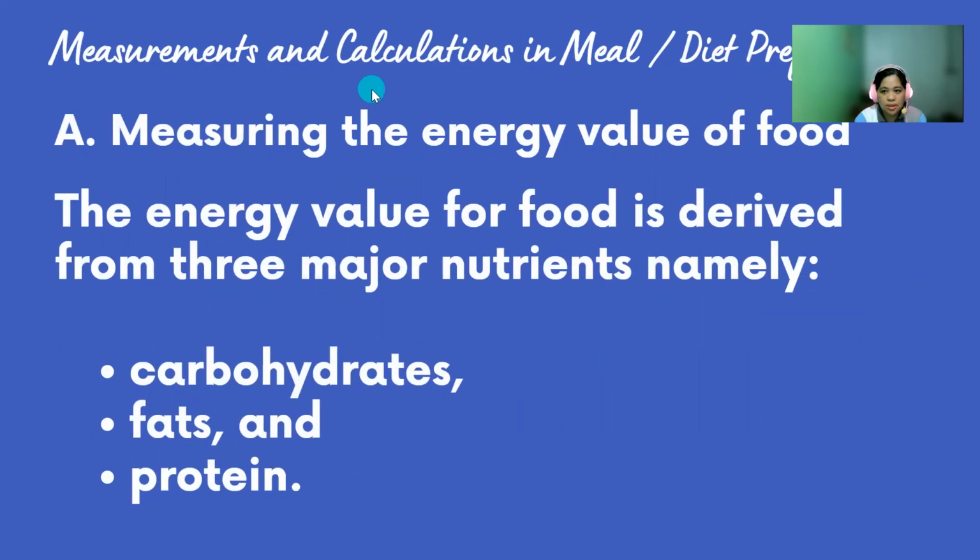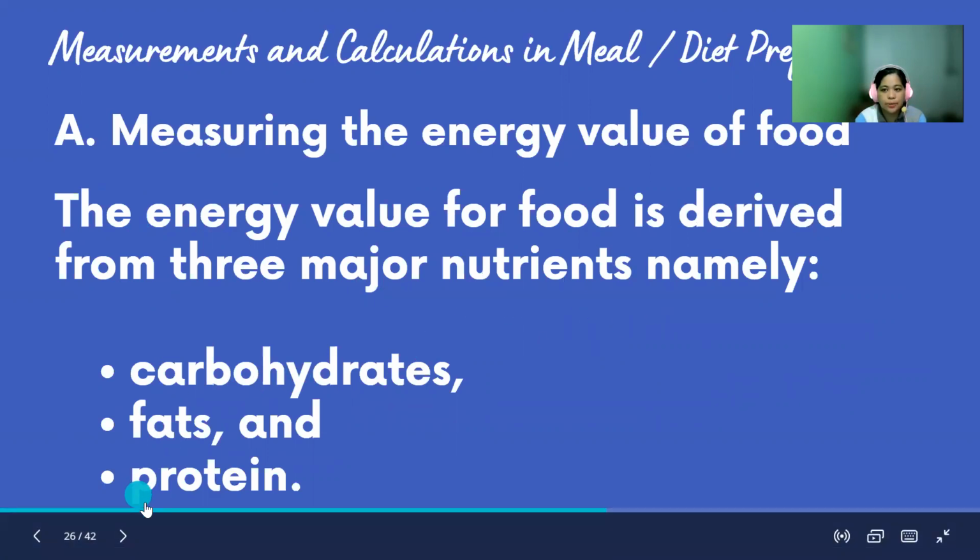Next is measurements and calculations in meal or diet preparation. Letter A, measuring the energy value of food. The energy value of food is derived from three major nutrients, namely carbohydrates, fats, and protein.